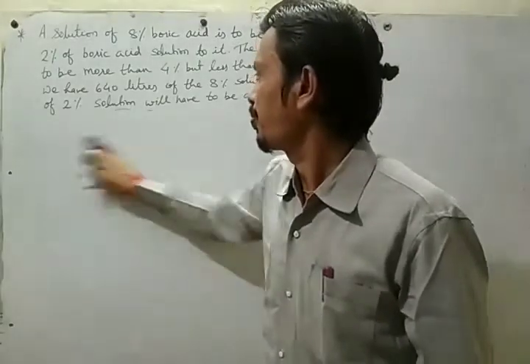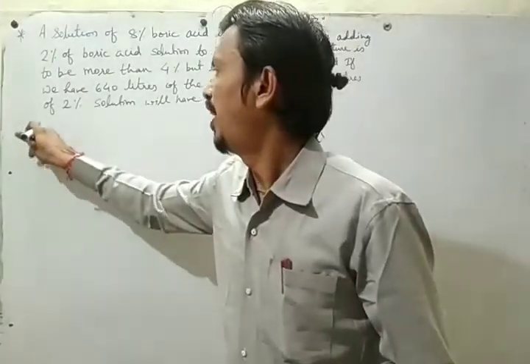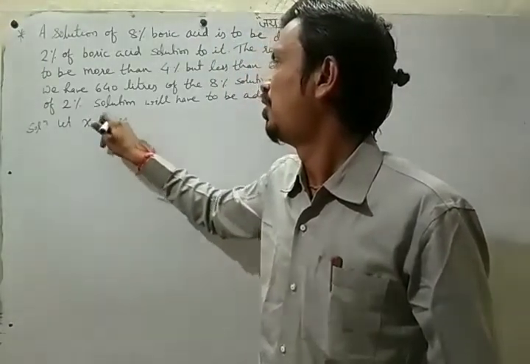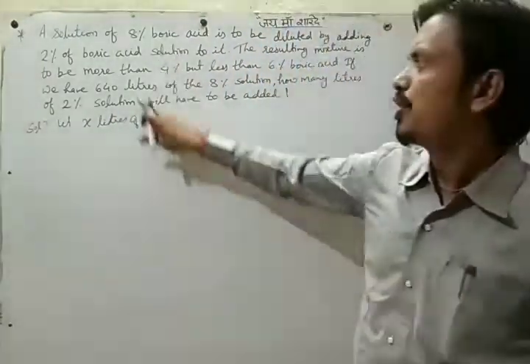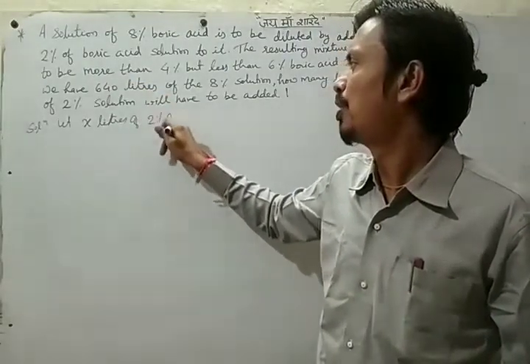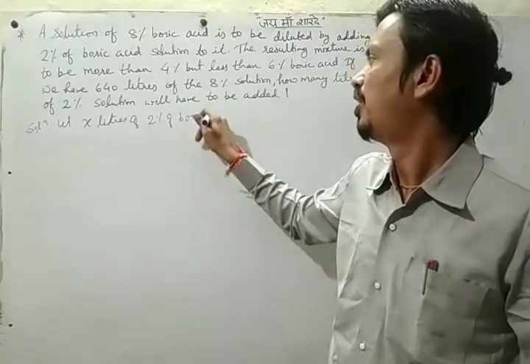Suppose we add x liters of this 2% boric acid. X liters of 2% boric acid is added.